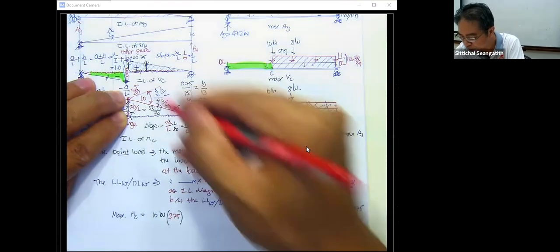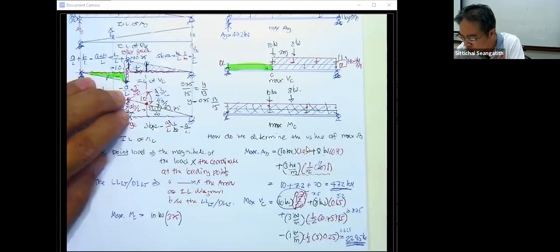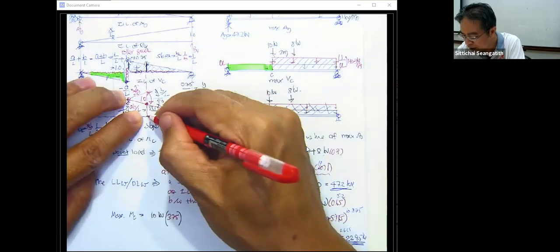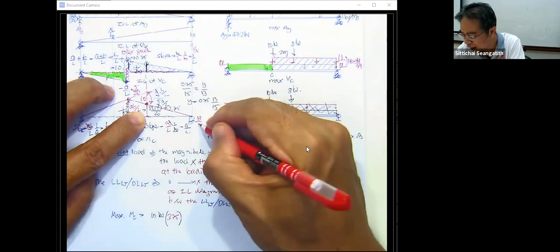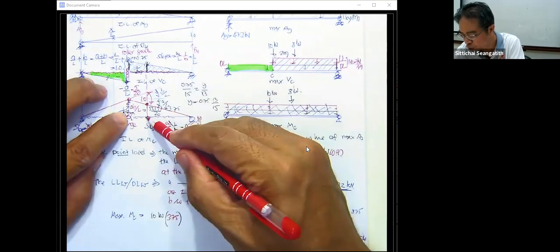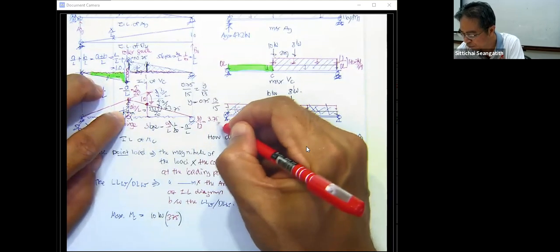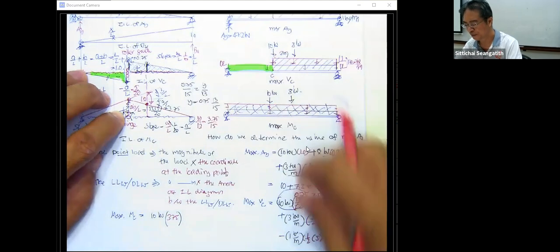Again, we project this one to find the coordinate here. Y over here divided by 13, this is 15, this is 2 meters. This is 13, equal to 3.75 divided by 15.